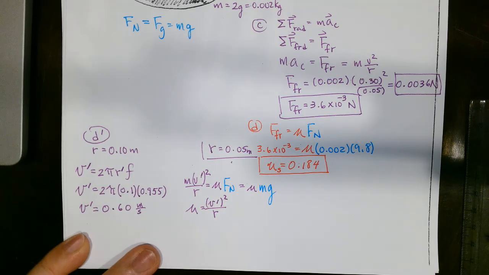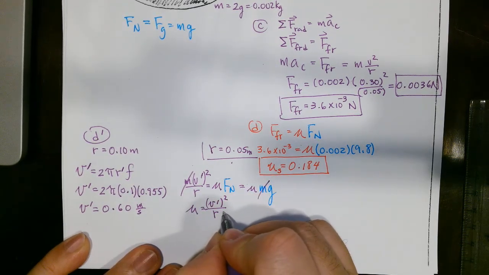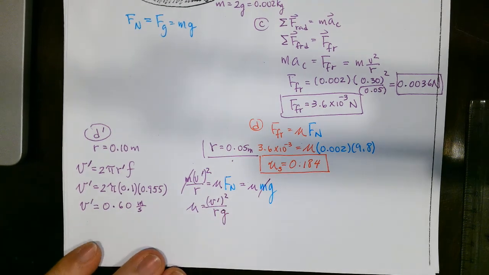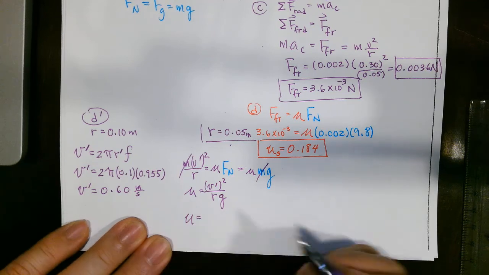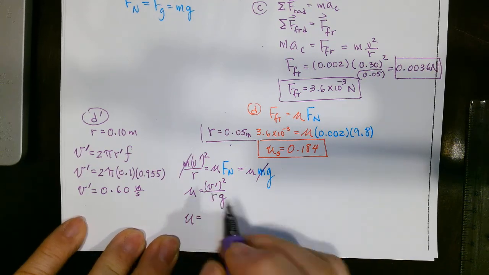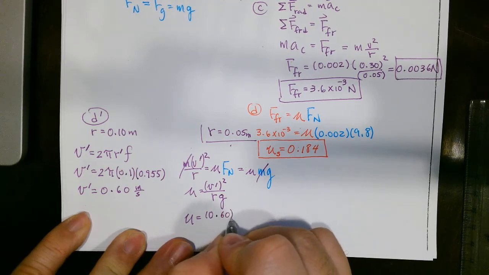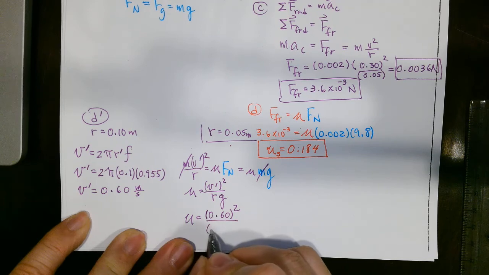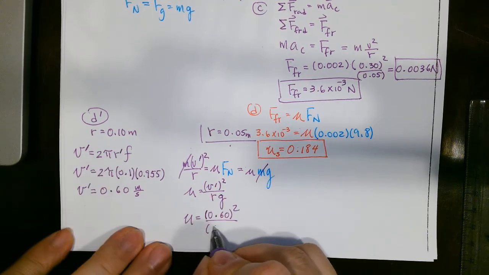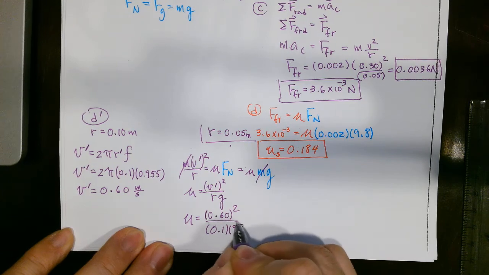So my mass would cancel out, and I would have g at the bottom. Therefore, the mu is equal to now v prime, which is 0.60 squared, divided by r, which is now 0.1, times 9.8.